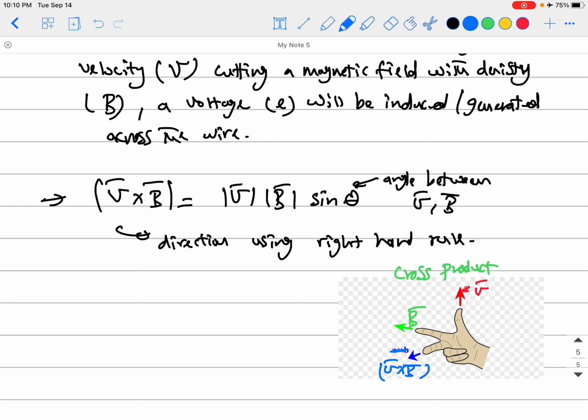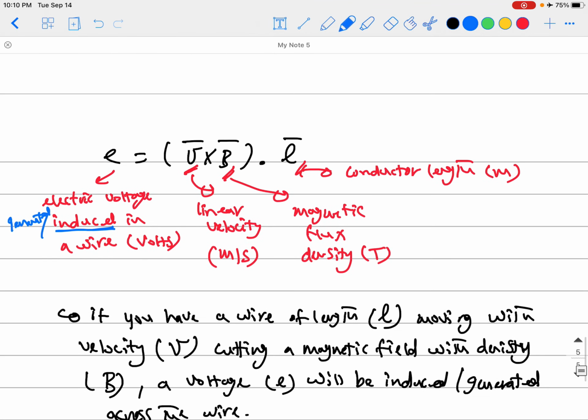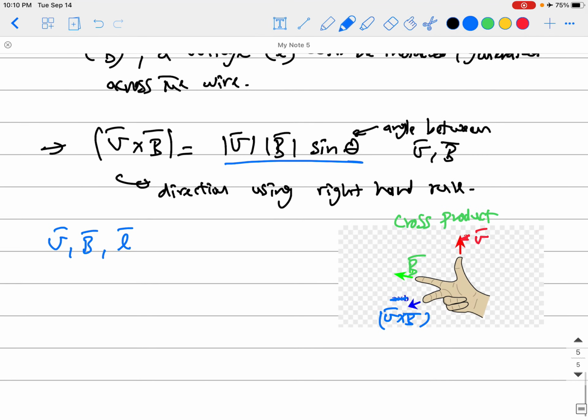So you can find its magnitude from VB sine theta. And here, V, B, and L, the three vectors, are all perpendicular. That means you'll have a 90 degrees theta between all of them, so sine 90 equals 1 all the time.